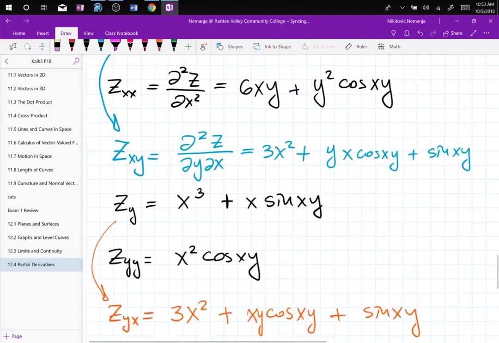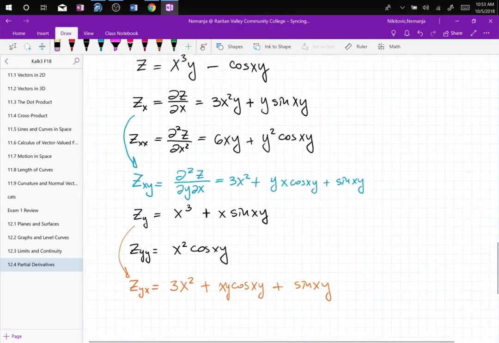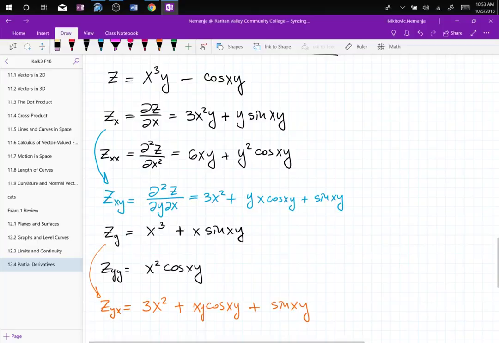Now I have to zoom out and show the entire problem. This is how many derivatives you will be taking in 12.8 just to set up the problem. Calculation is going to be after that.